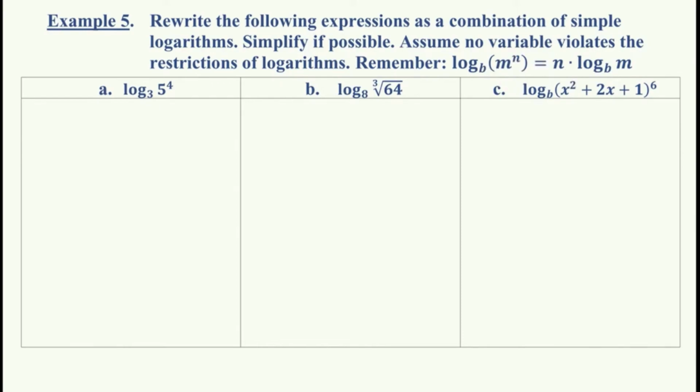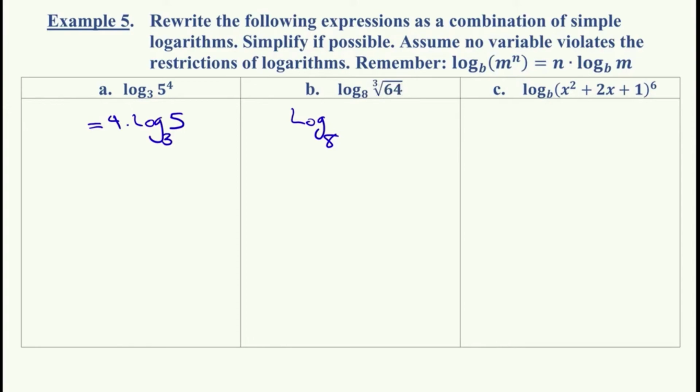So the first one is going to become 4 times the log base 3 of 5, and there's not much else we can do because log base 3 of 5 is not a very basic simple number. All right, for the next one we have log base 8, and you may wonder why that's even here, because of course, as you know, we can write a radical as a fractional power.